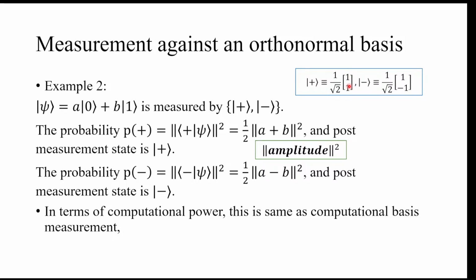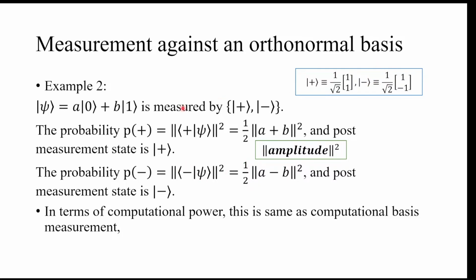And because you have 1 1 here, this is just A plus B. Okay, so it is the absolute value of 1 over square root 2 times (A plus B), squared, and it's 1 over 2 times the absolute value of A plus B, squared.